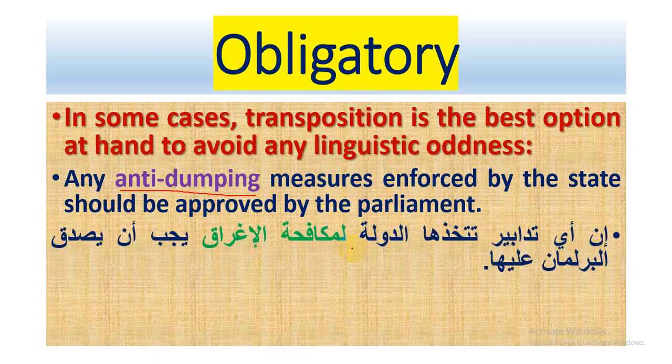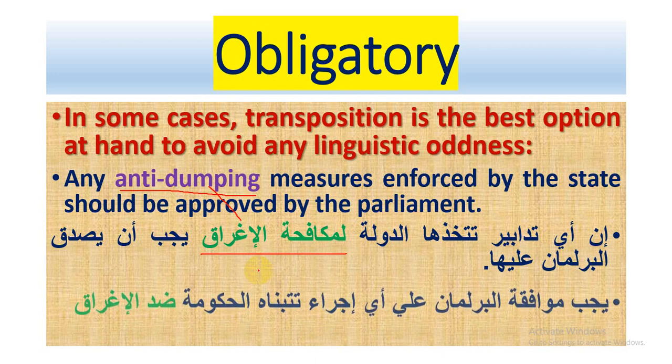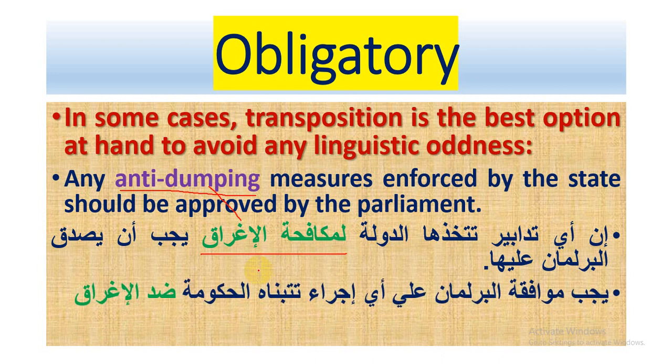One way to translate this is to change this one word in English into a prepositional phrase in Arabic. So we have preposition plus its complement. Or we could say يجب موافقة البرلمان على أي إجراء تتبناه الحكومة against anti. So we changed this, which is one word in English, because this is a prefix, right?